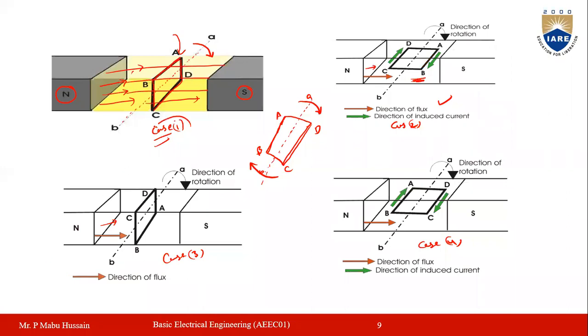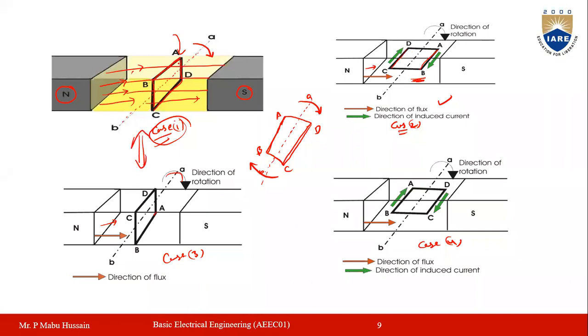So in the first case, your conductors are in vertical position, right? That means this loop is in vertical position when it is moving towards the horizontal position. In the second case, after 90 degrees of rotation, your conductor AB is here, your conductor CD is here. After another 90 degrees rotation, again your loop will be in vertical direction, but the conductor placement is reversed.